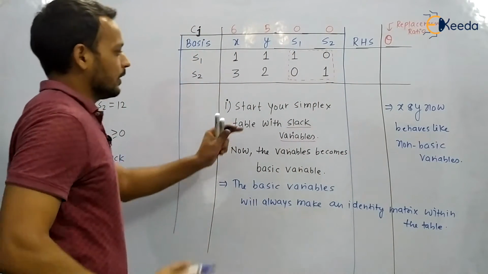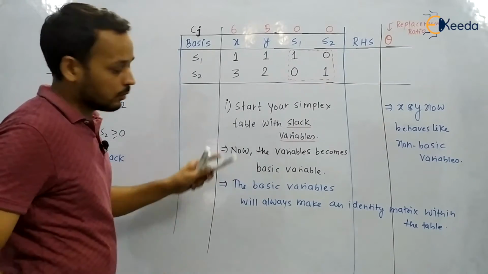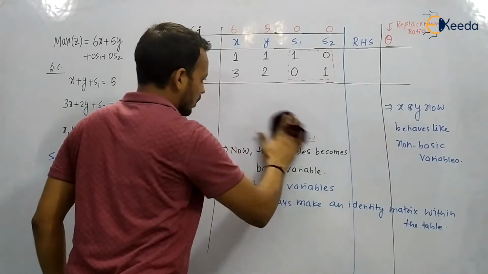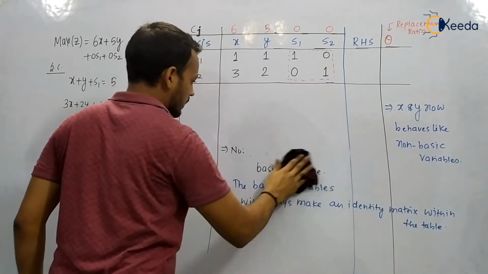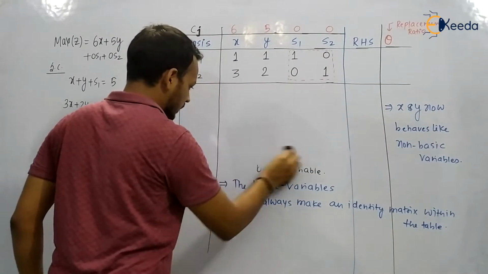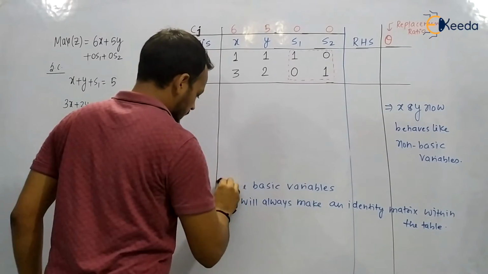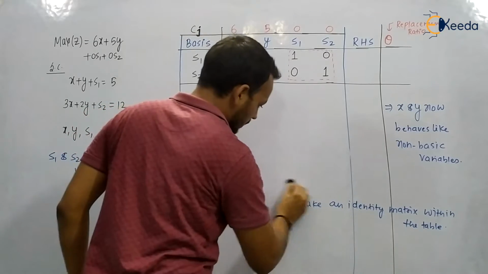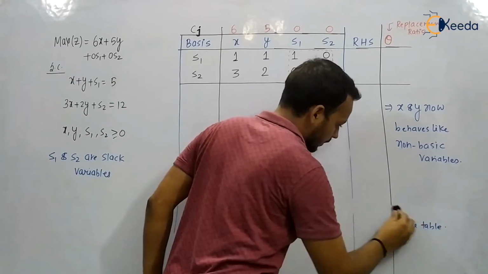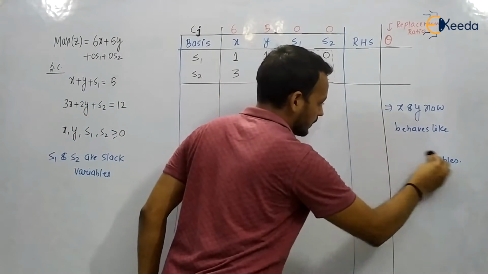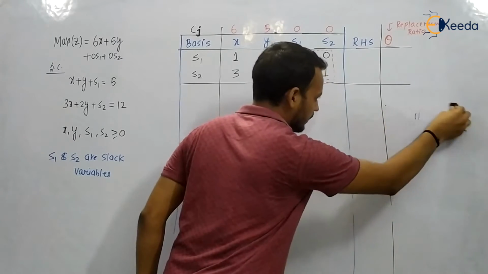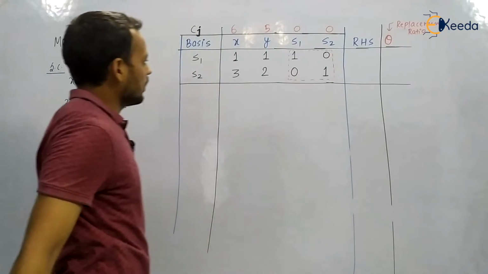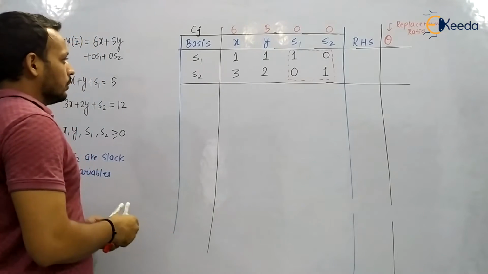So always start your simplex table with the slack variables, and the variables which make an identity matrix within the simplex table become the basic variables. The other variables which are left behave like non-basic variables. So in the first table, s1 and s2 are basic and x and y are non-basic.